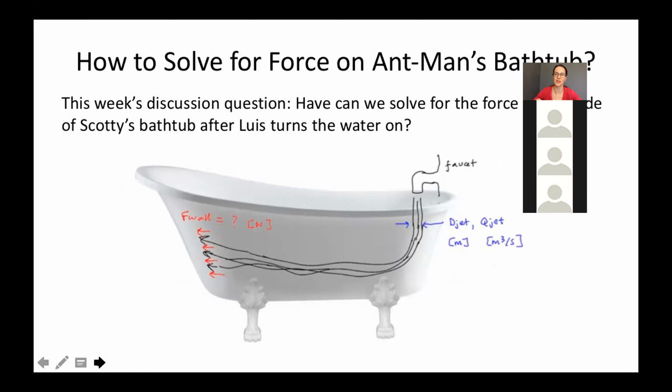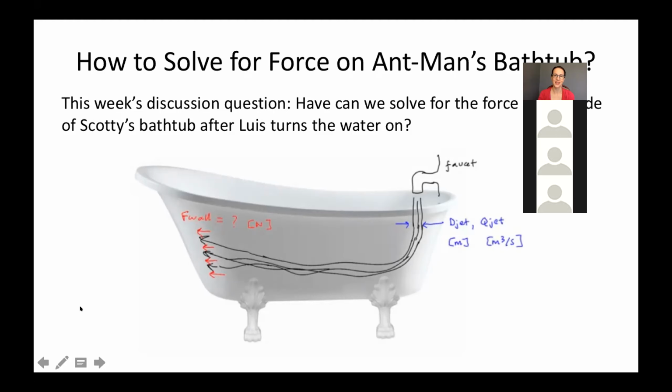He goes down to the bottom floor of the bathtub, and then his roommate, Luis, comes in, turns on the water. Scotty gets swept out of the tub. We talked about that from the perspective of the interesting physics, because when Ant-Man falls on the bathroom tile, he cracks the tile. So that assumed that he kept his mass. But now we want to talk about something else.